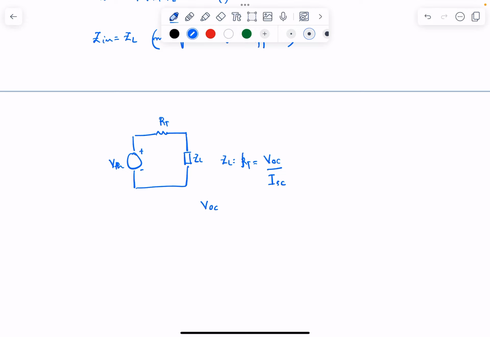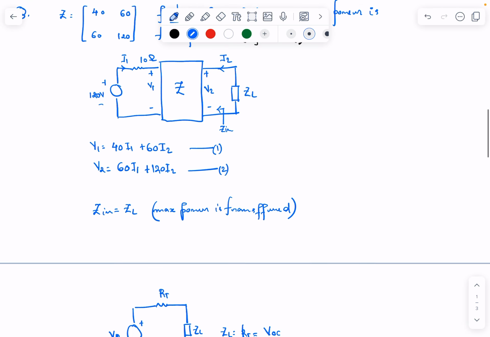Open circuit voltage is defined when the current I2 outside the Z block is 0. Short circuit current is determined when the outside block V2 is short circuited.